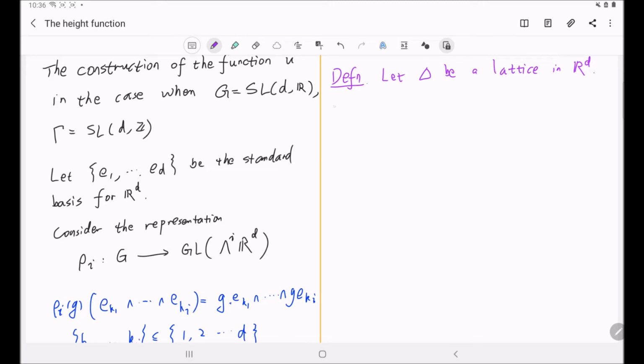And we say that a subspace L of R^D is delta rational if L intersection delta is a lattice in L.